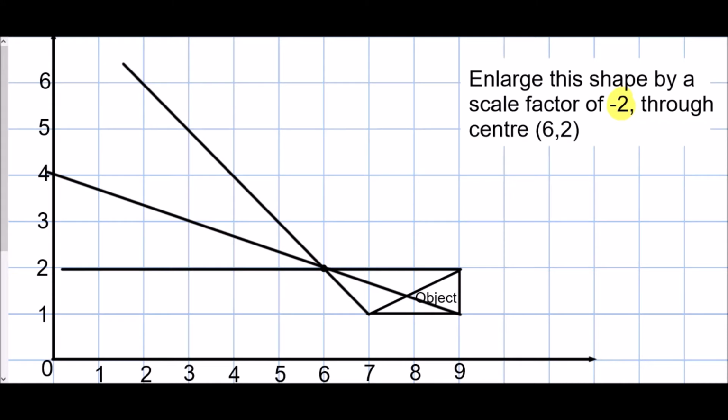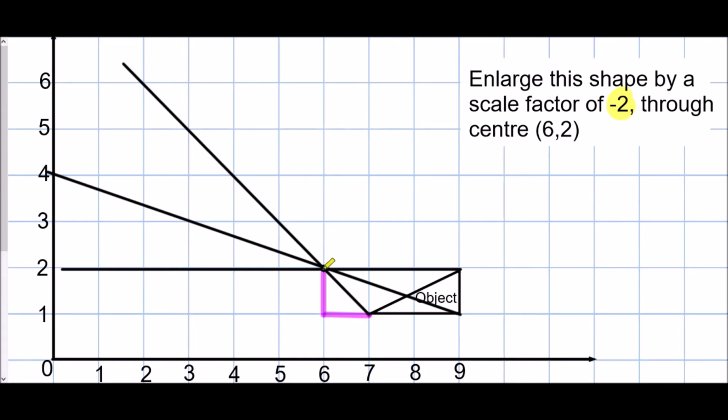The reason for that is that with the negative scale factor, when we are counting how we have travelled, we are basically creating a negative multiplication. So if I take this point, to get from the centre of enlargement, that is down one space, right one space. Now if I were to multiply that by -2, what it would actually do is take us through the centre of enlargement and back out in the other direction.